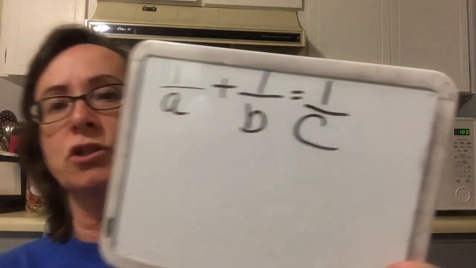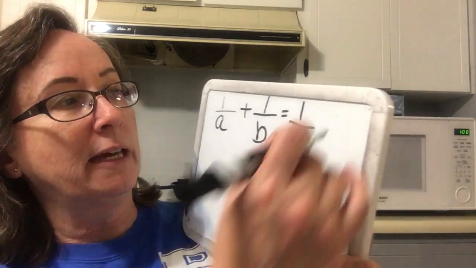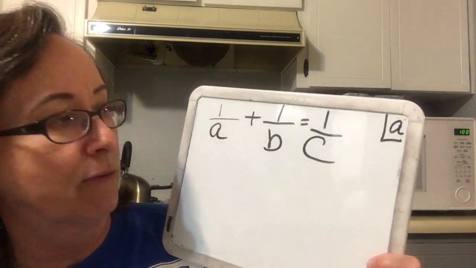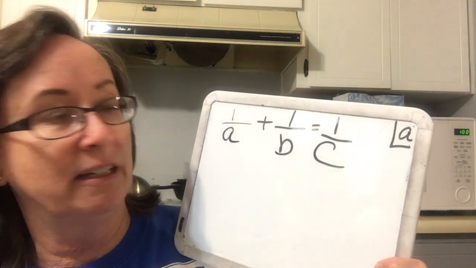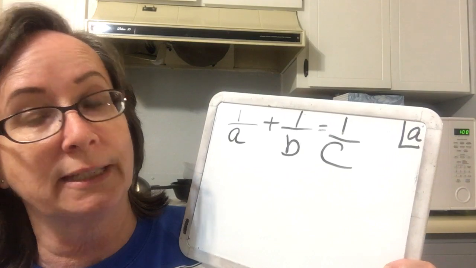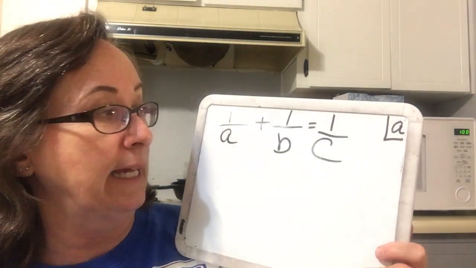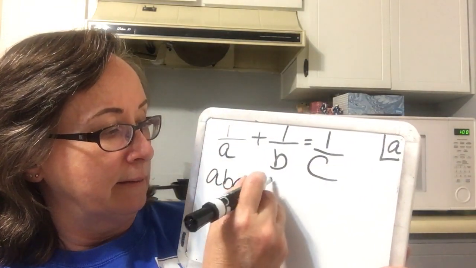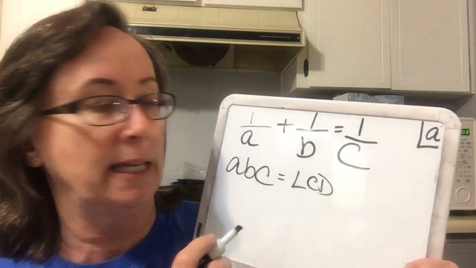I'm not even sure what that formula is for, but we're solving it for a. Notice that our a and all of our other variables are down in the denominator. So I'm going to multiply through by an LCD. The LCD is a, b, c. Lots of letters there.